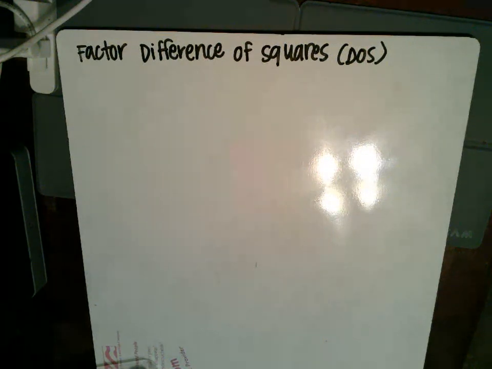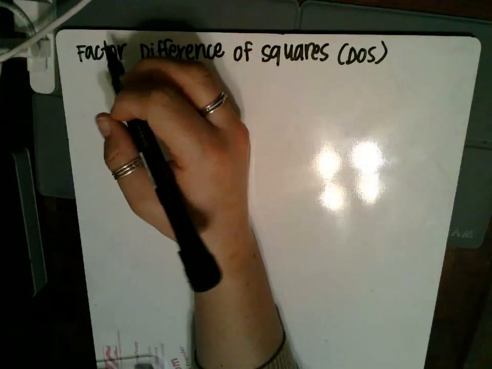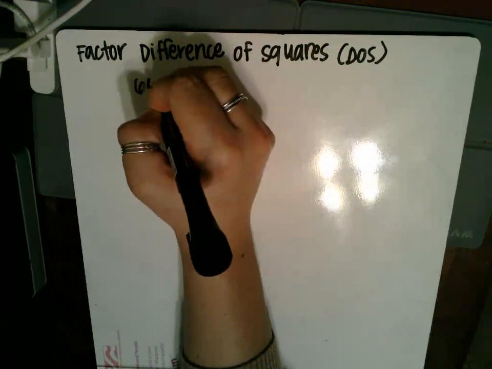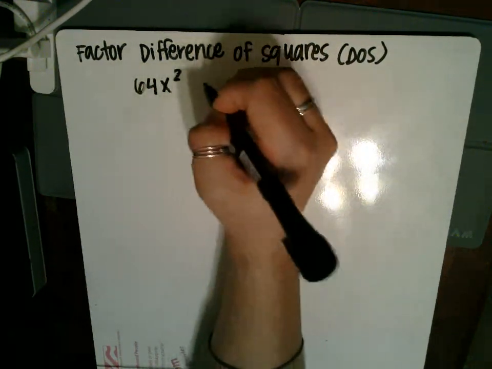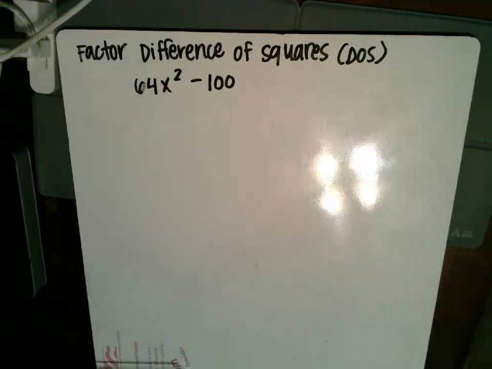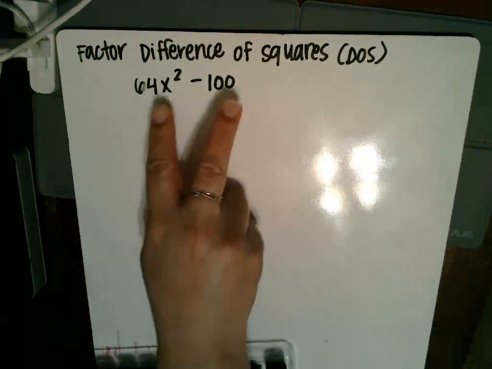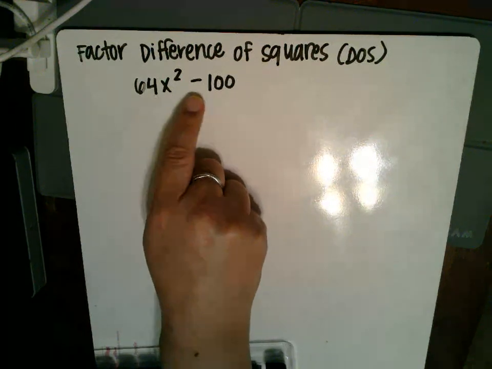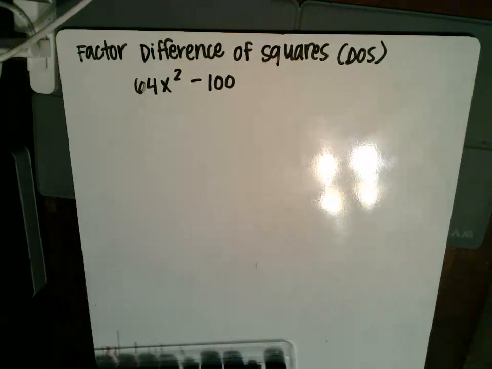Okay, so for example, the goal is to factor 64x squared minus 100. Something you'll notice whenever you have a difference of squares is you have a binomial. You have 2 terms, and it's a perfect square minus a perfect square.